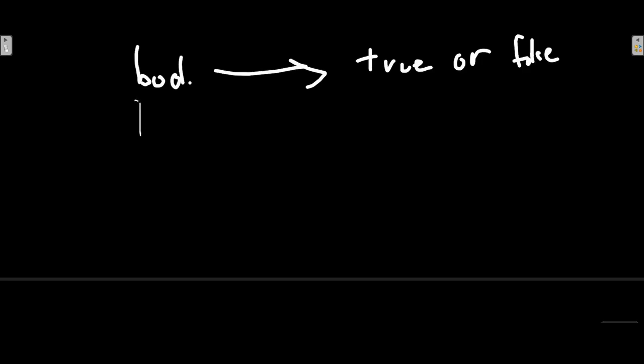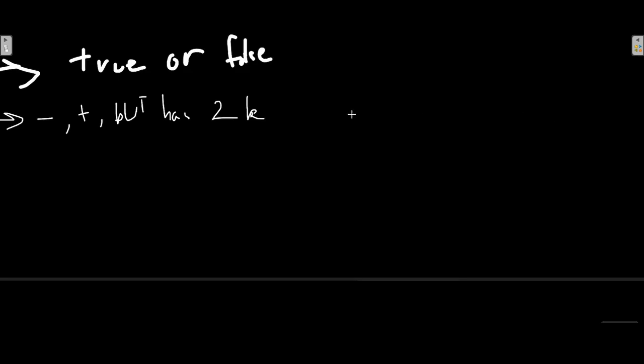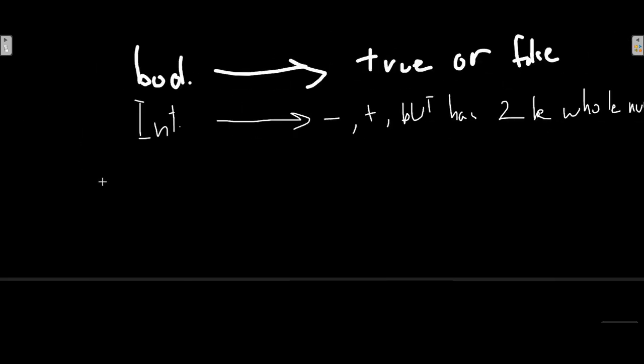And an integer, I'll abbreviate it to int, is nothing but a number that is negative or positive and has to be a whole number. I'll abbreviate it to whole num. So that's a Boolean and an integer.